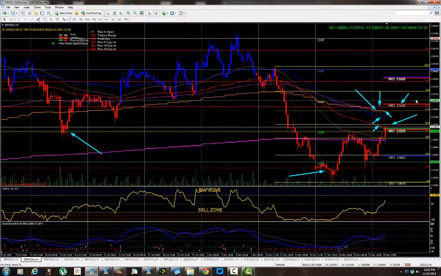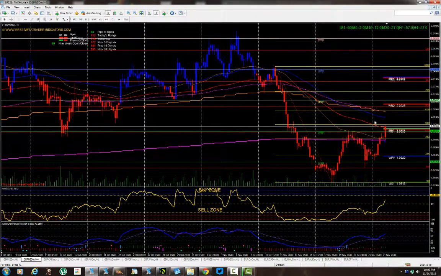We have WR2 and we have a midterm fib. So all in this area here is a good place to look for a PFT setup. I will look for price to push into that area on a 1-hour, and then I will look for a 5-minute down move.